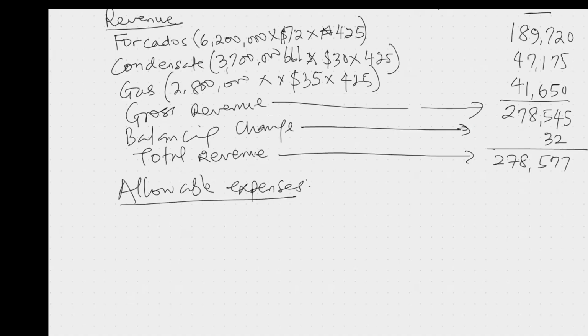So we can go from the body of the question. Production cost: how much? 106,470.